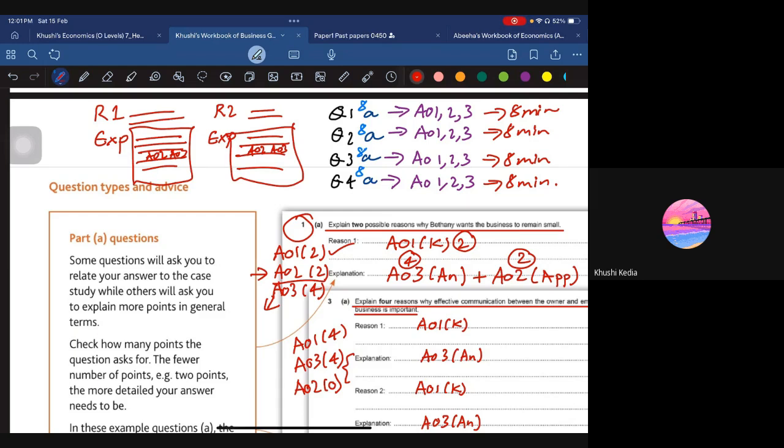So that's why I recommend the normal way of doing it: 1 mark for the knowledge, 1 mark for the application, 2 for the analysis. Then coming to the second part, 1 mark for the knowledge, again 2 marks for the analysis, and 1 mark for the application.